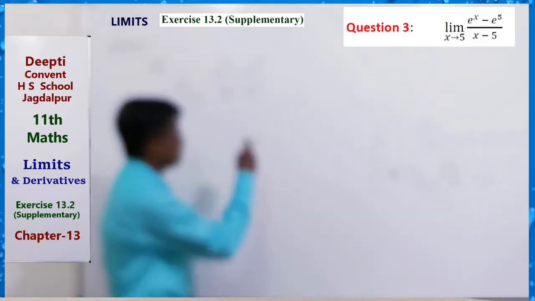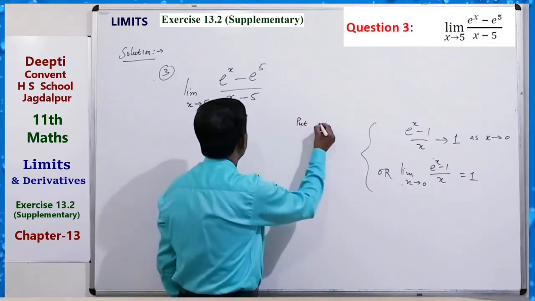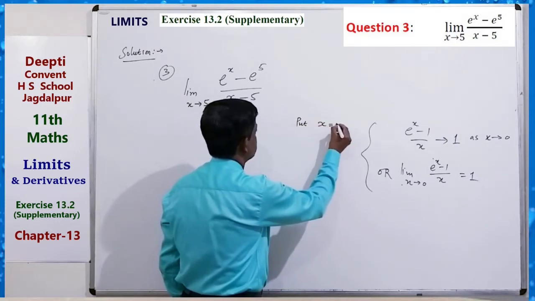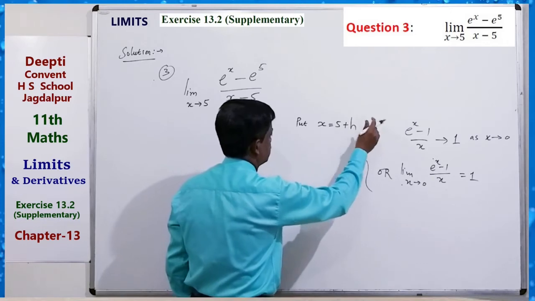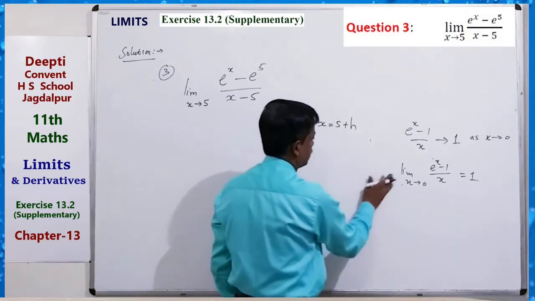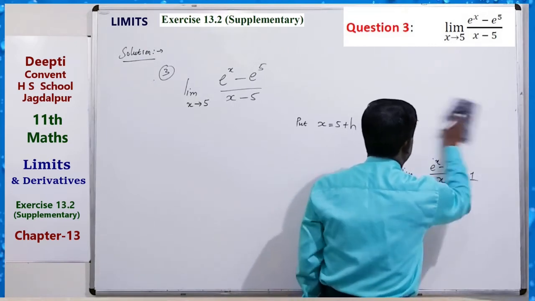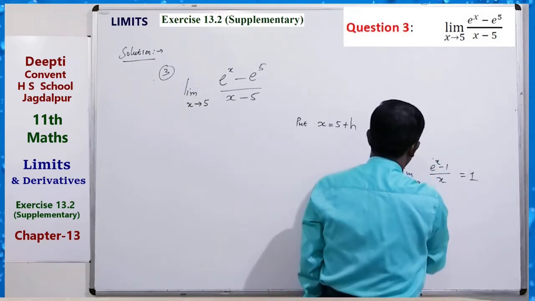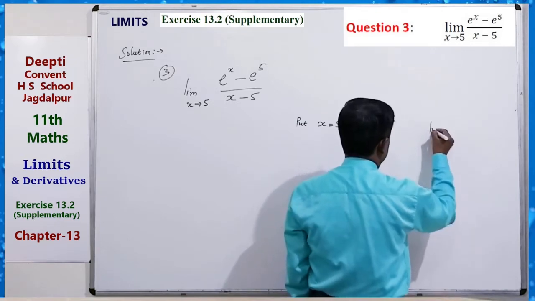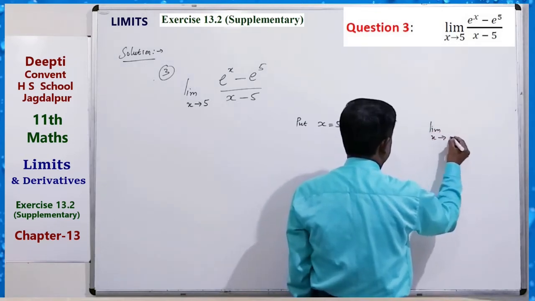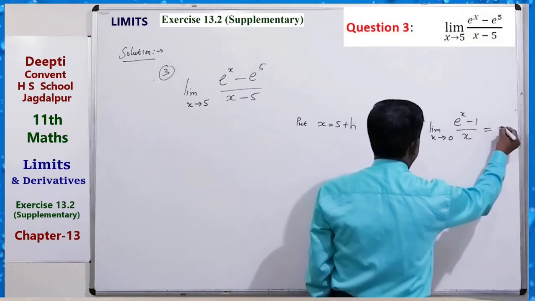So here we can put x equals to 5 plus h. Limit x tending to 0 of (e to the power x minus 1) upon x equals 1.